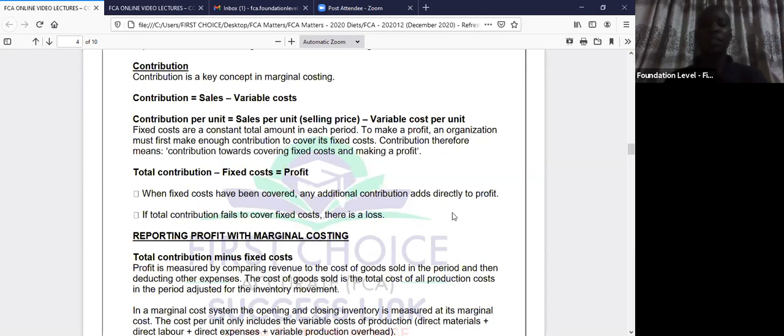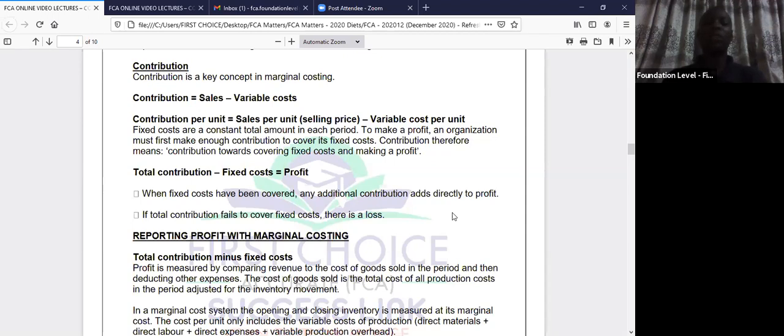Another way of getting your total contribution is by going through the back door. We know that total contribution minus your fixed cost is a way of bringing your marginal profit to your absorption profit. So your marginal profit, which is total contribution, minus the fixed cost, will give you your net profit. Making contribution the subject of the formula, you have profit plus fixed costs will give you total contribution.